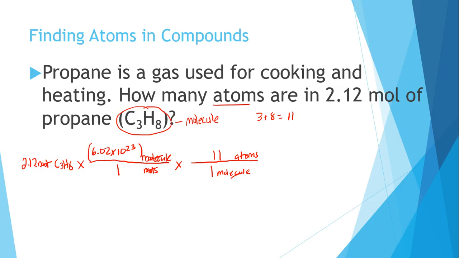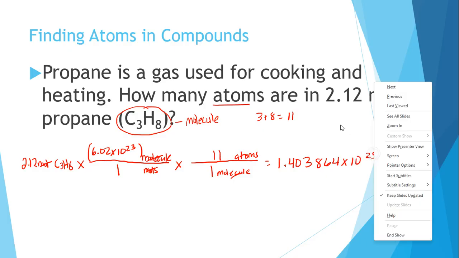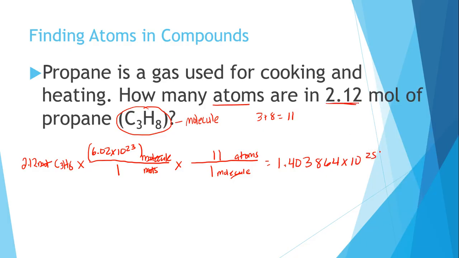Again, don't forget to use your parentheses. When you do that, you should get 1.403864 times 10 to the 25th. But here I only need 3 sig figs, so 1.40 times 10 to the 25th. My unit would be atoms in what compound? There are that many atoms in propane.